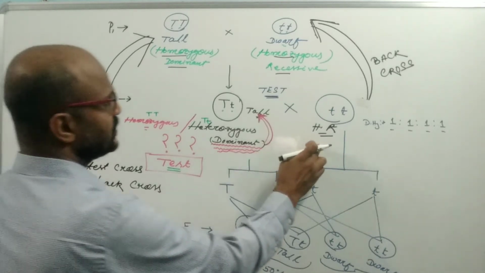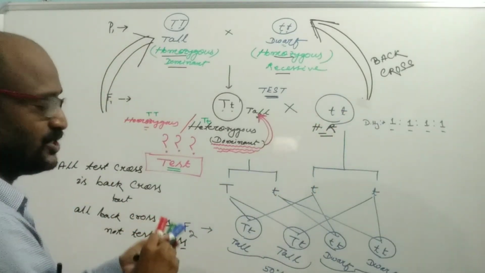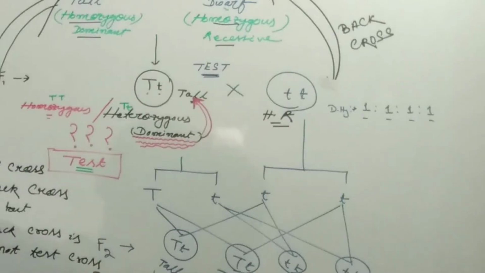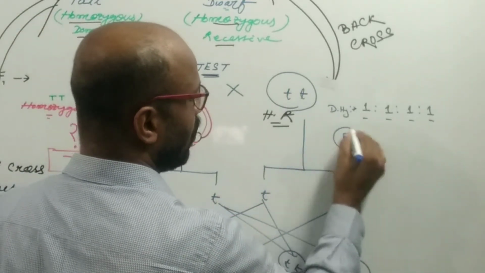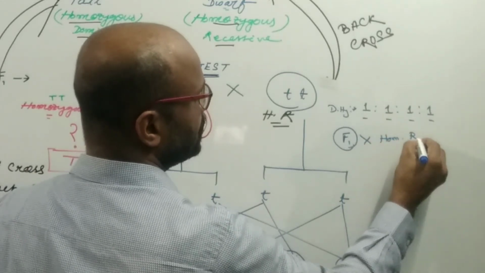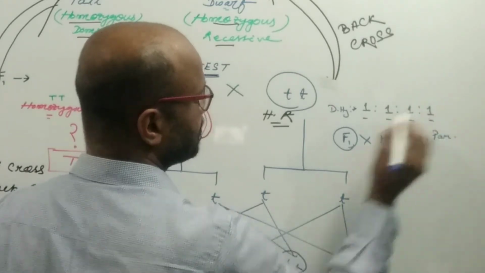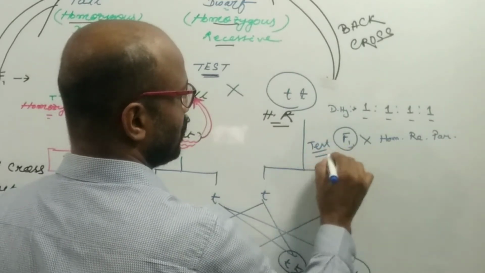This test cross is one type of back cross. Test cross means the cross between the F1 offspring and the homozygous recessive parent. This is known as the test cross.